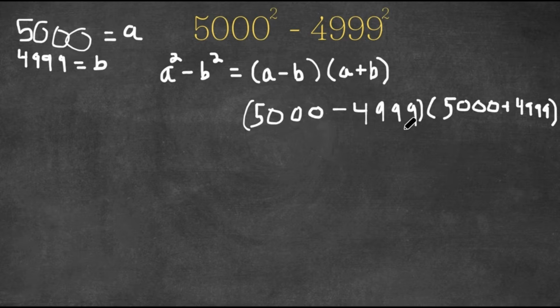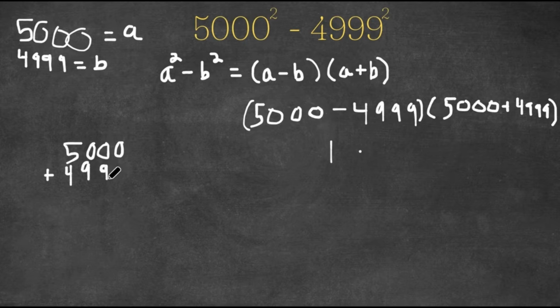Well, 5,000 minus 4,999, well, 4,999 plus 1 is 5,000, so this is just 1, times 5,000 plus 4,999. Well, if we have 5,000 and we are adding this with 4,999, 0 plus 9 is 9, 0 plus 9 is 9, 0 plus 9 is 9, and 5 plus 4 is 9.